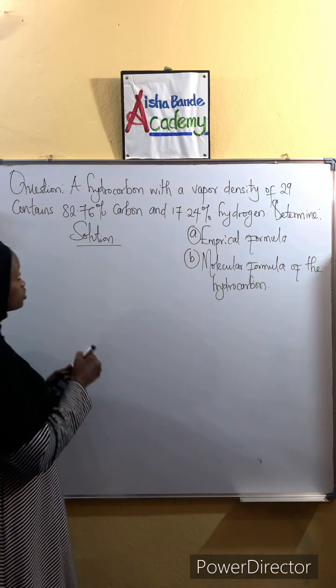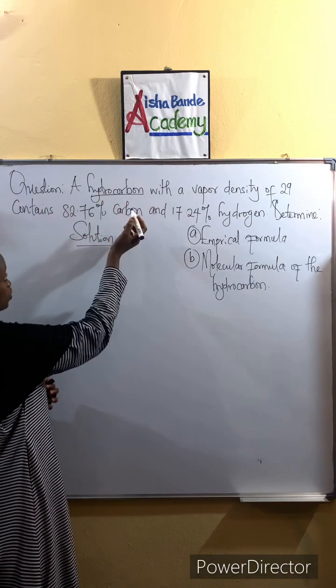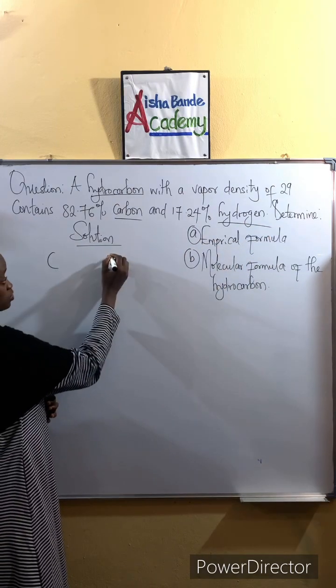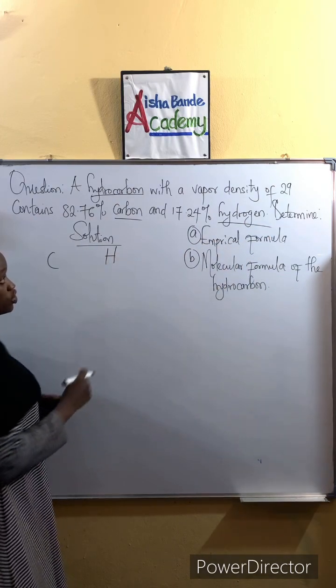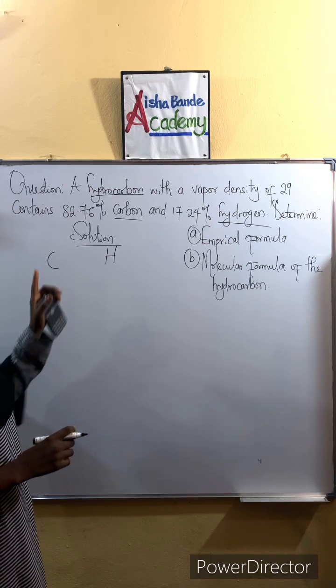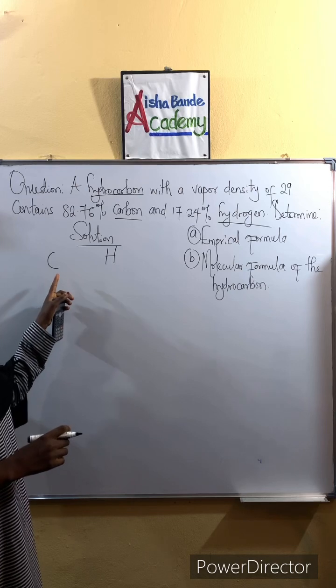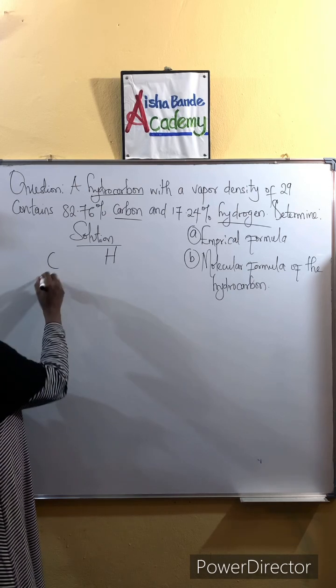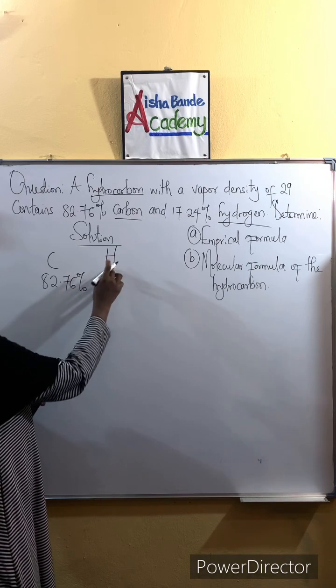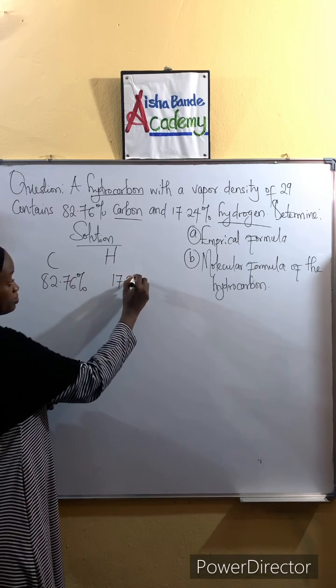So from this question, this is a hydrocarbon which contains both carbon and hydrogen. The mass percentage of carbon in the hydrocarbon is 2.76%, while the hydrogen contains 17.24%.